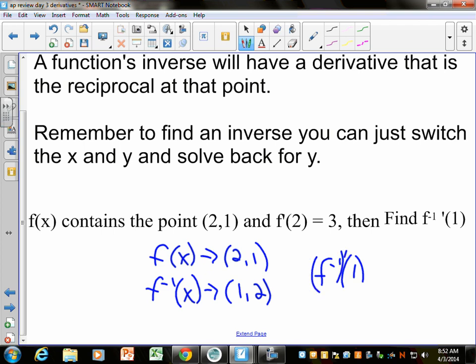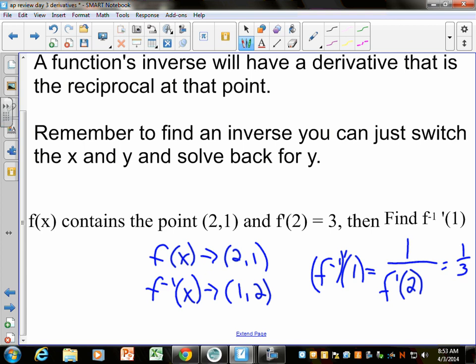The derivative, I don't know how to write the derivative of an inverse function, will equal the reciprocal, so 1 over the derivative at the x point in the original problem. Which means the answer to this is just 1/3.